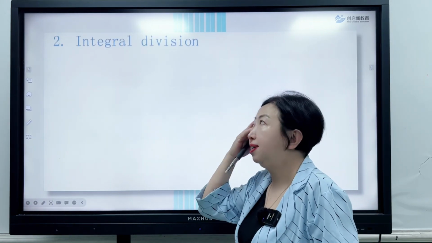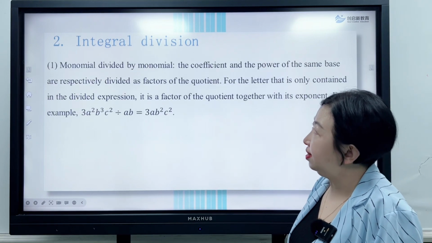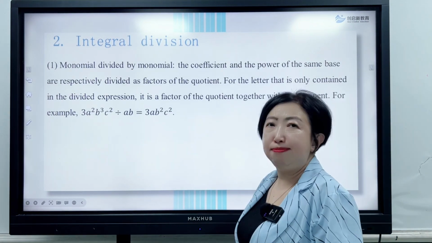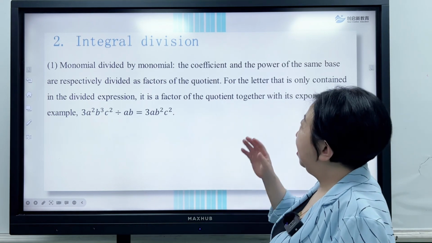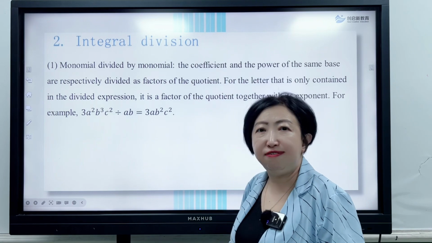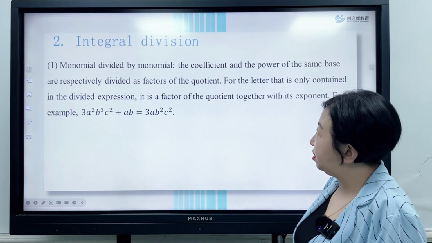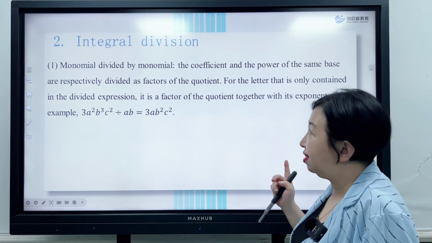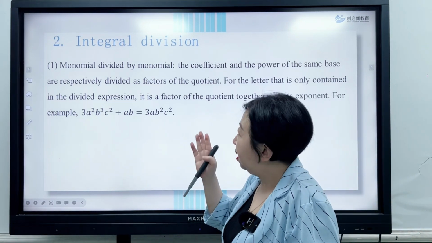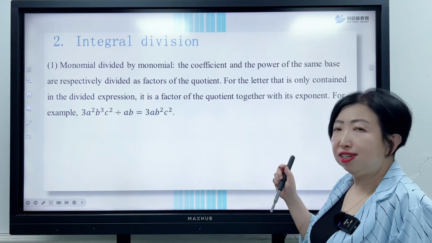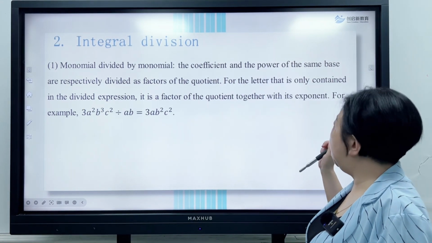The second part, integral division. First, monomial divided by monomial. The coefficients and the powers of the same base are respectively divided as factors of the quotient. For letters that are contained only in the dividend, they are a factor of the quotient together with their exponent.